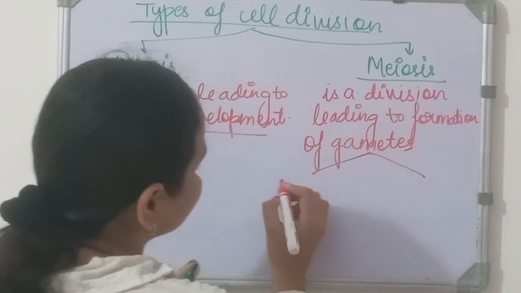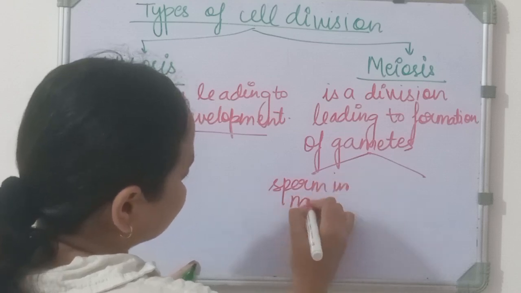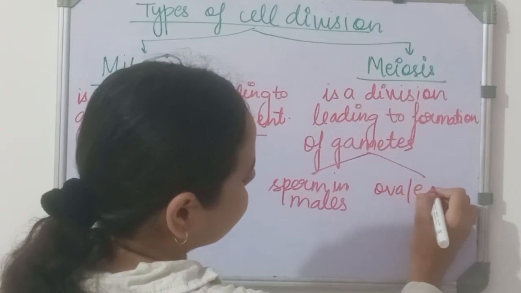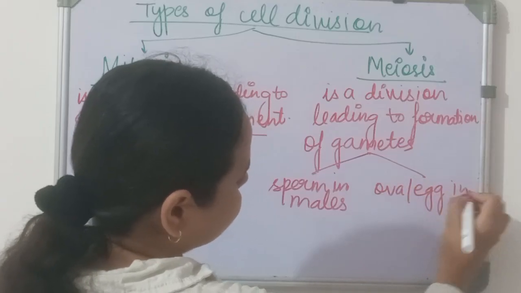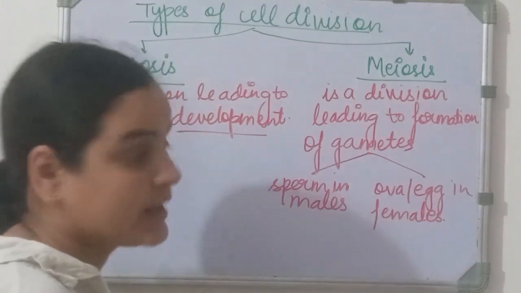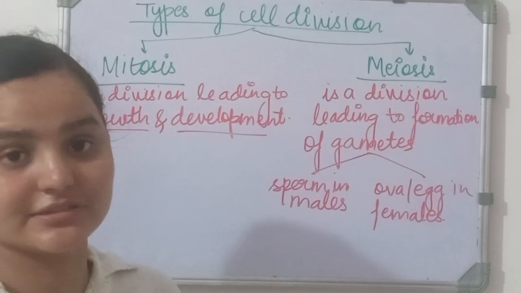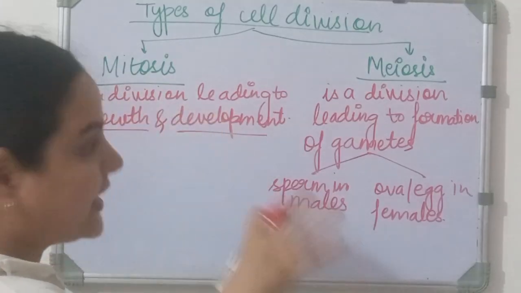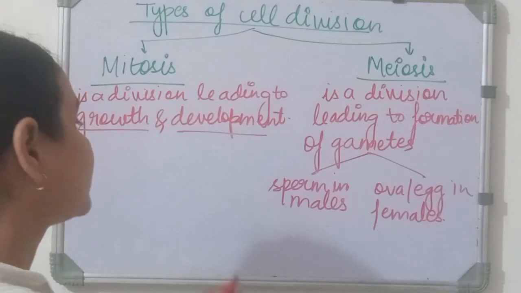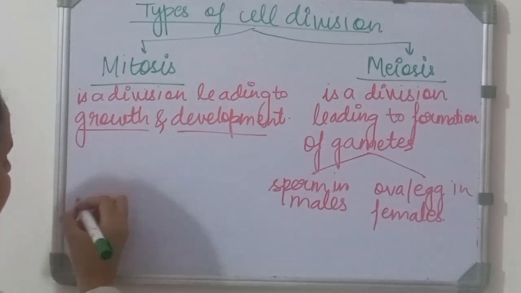These gametes are sperm in males and ova or egg in females. We will see more differences between mitosis and meiosis and study these divisions in detail in the coming part.